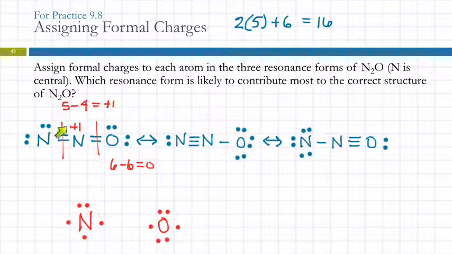So we'll often indicate the formal charge by writing a little number nearby. It gets kind of cluttered, so if it's a 0, just leave the 0 off. And then what about this nitrogen? Well, that nitrogen brought in 5, and how many is it leaving with? 2, 4, 6. So that has a -1 formal charge.